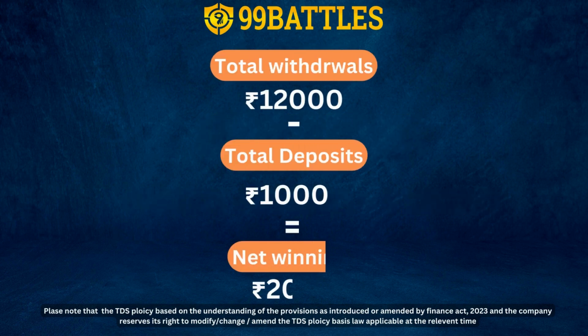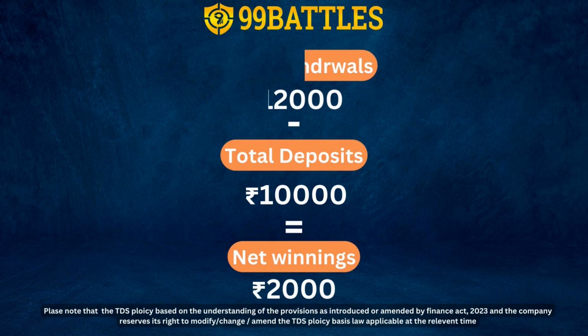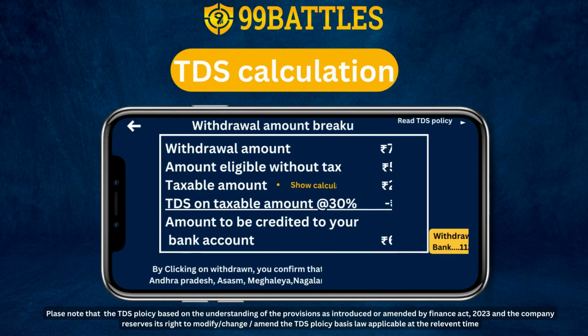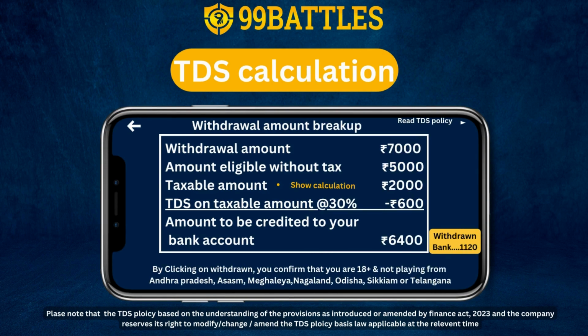So now your net winning in this case becomes total withdrawal, that is Rs 12,000, minus total deposits, that is Rs 10,000, which is Rs 2,000. Now on your withdrawal request of Rs 7,000, TDS will be deducted on the net winning amount of Rs 2,000 at a rate of 30%. On the balance Rs 5,000, no TDS will be deducted.